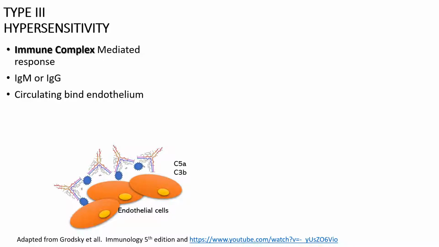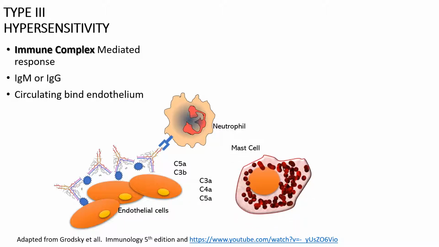This will engage or activate the complement that attracts neutrophils that express the Fc portion in the case of IgG immune complexes. But both IgG and IgM can activate the complement system, especially with other products that will recruit the mast cells, and these are primarily responsible for the signs and symptoms.